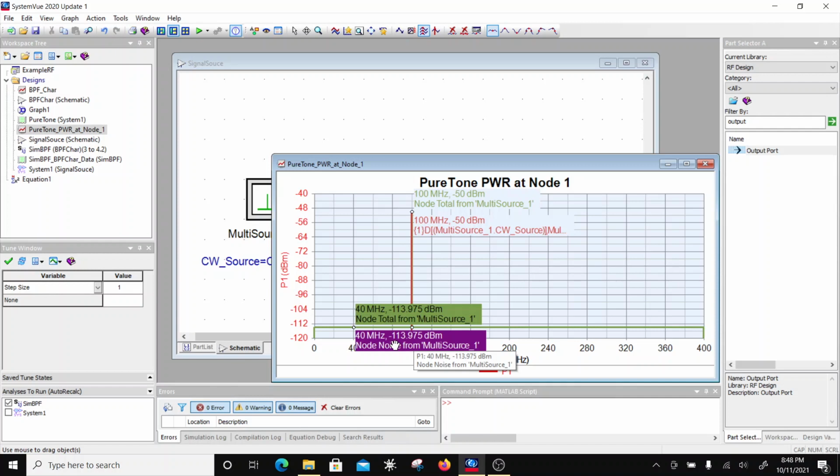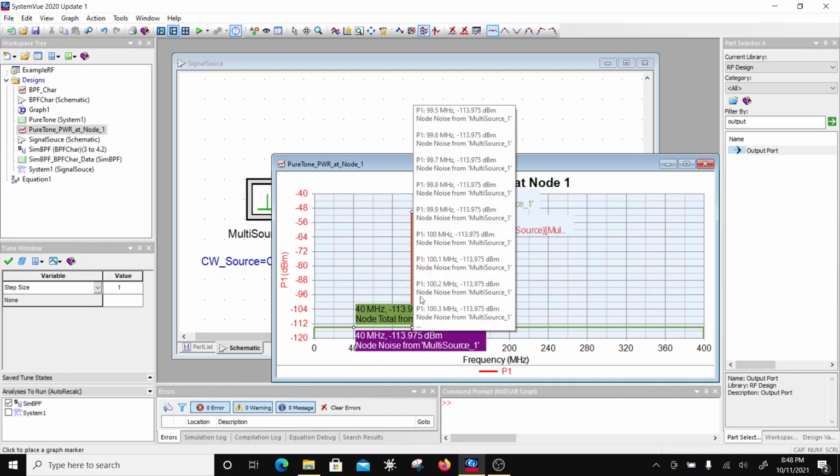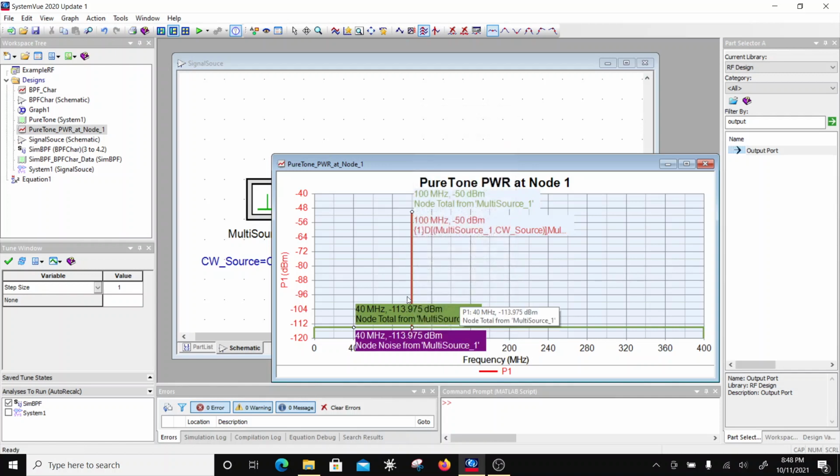Now why minus 114? This is because your bandwidth is 1 megahertz, right? So you are integrating the noise power over 1 megahertz, and 1 megahertz is 10 raised to 6.